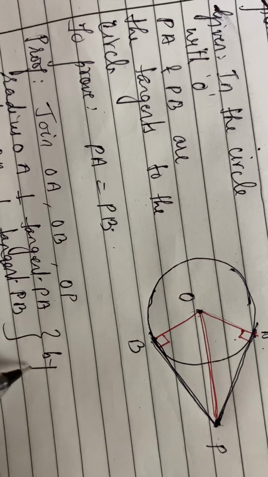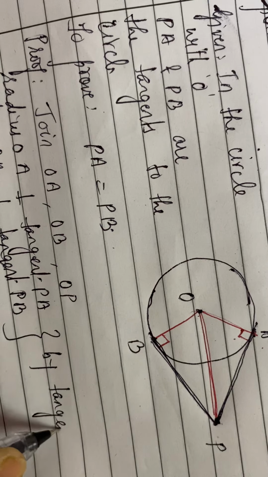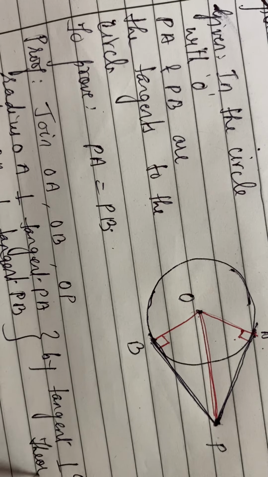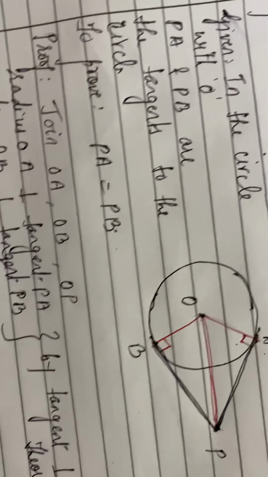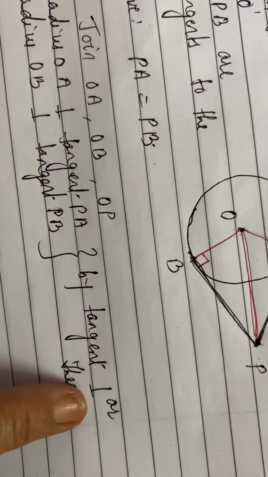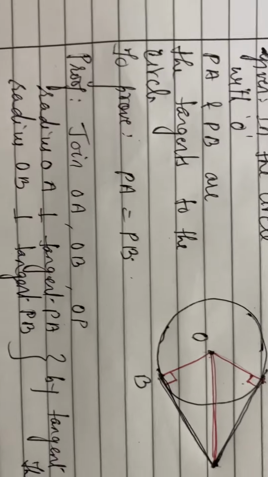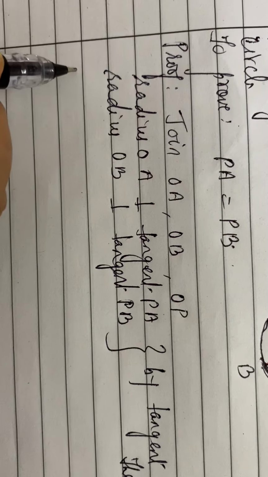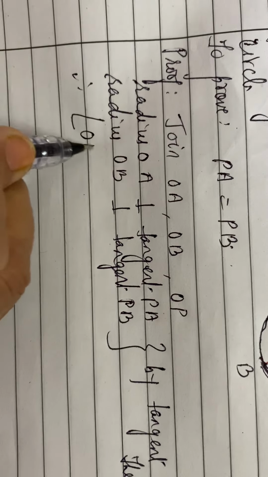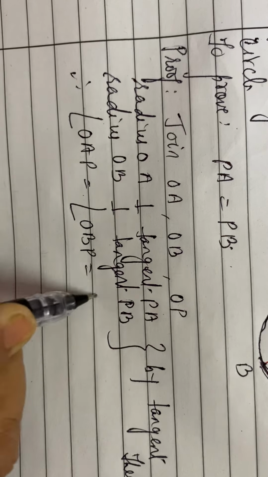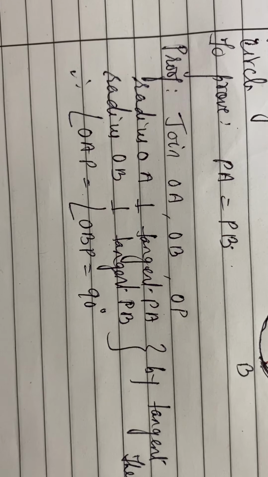This is by tangent perpendicular theorem. The symbol is for perpendicular, by tangent perpendicular theorem. Okay. Now if they are perpendiculars, therefore angle OAP is equal to angle OBP is equal to 90 degree.